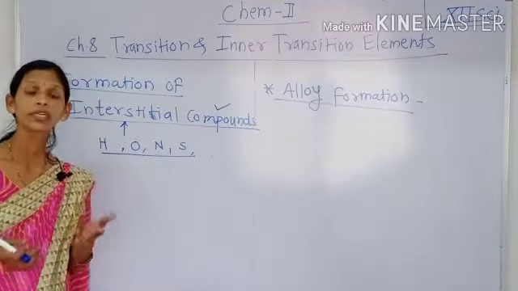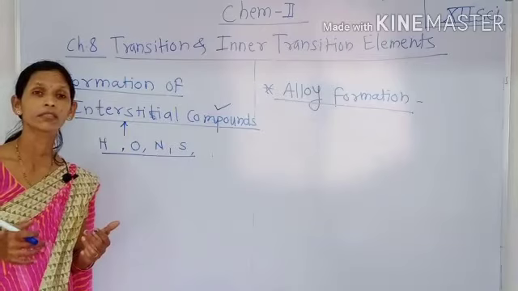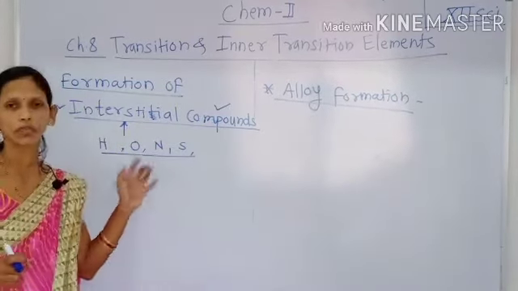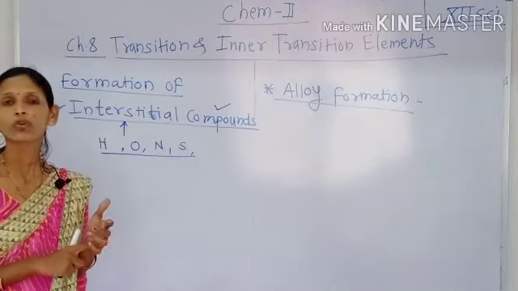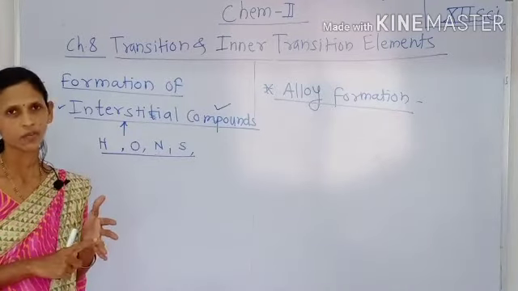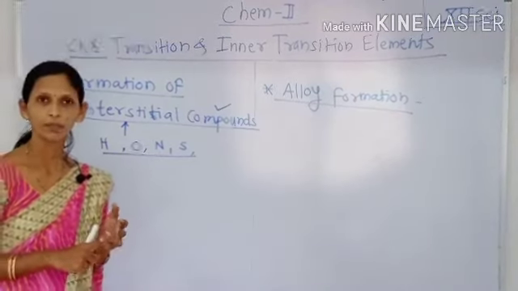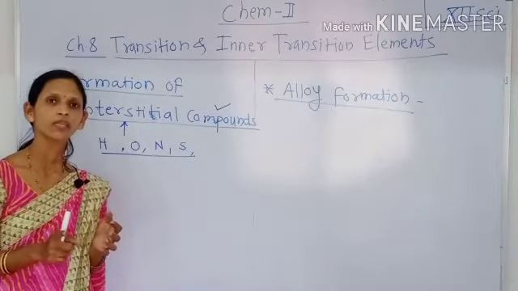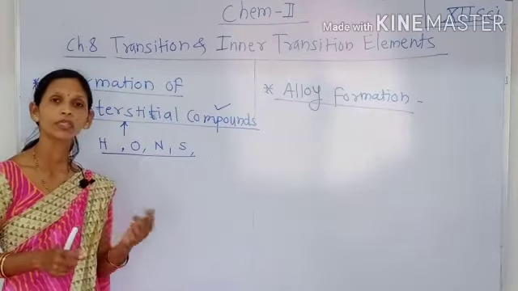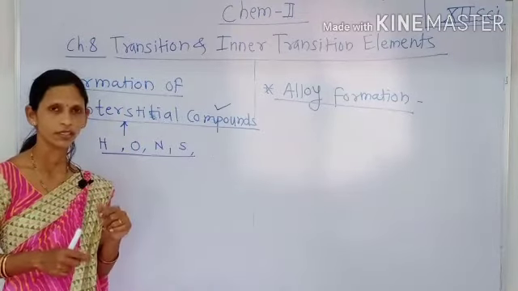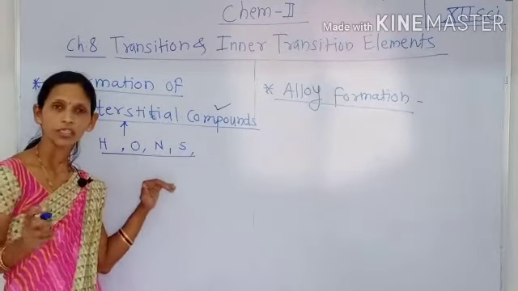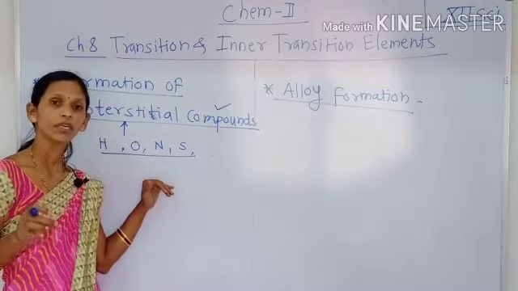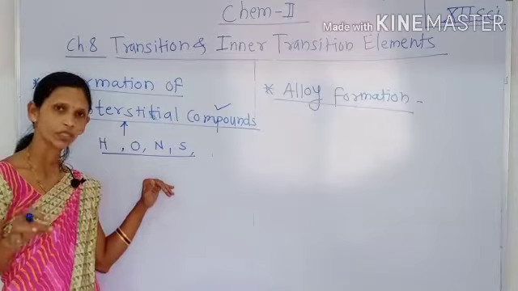All of you studied the metallic structure, that is the lattice structure of transition elements. Most transition elements have HCP, CCP or BCC lattice structure. All of you studied that in solid state. Transition elements have typical metallic character and a typical metallic lattice structure.